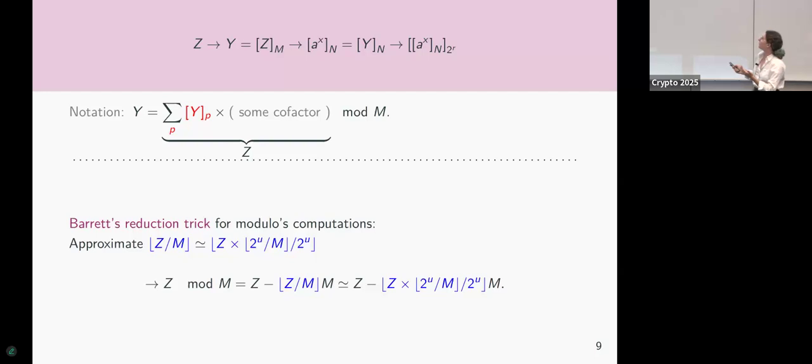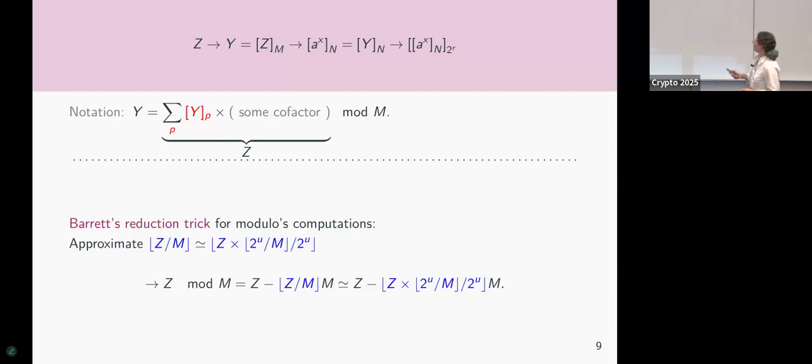This is useful because, again, the integer part of 2 to the u divided by M we can pre-compute, and the integer part of an integer divided by a power of 2 is a bit truncation. Okay, you just get rid of the first u bits of the representation of the integer.